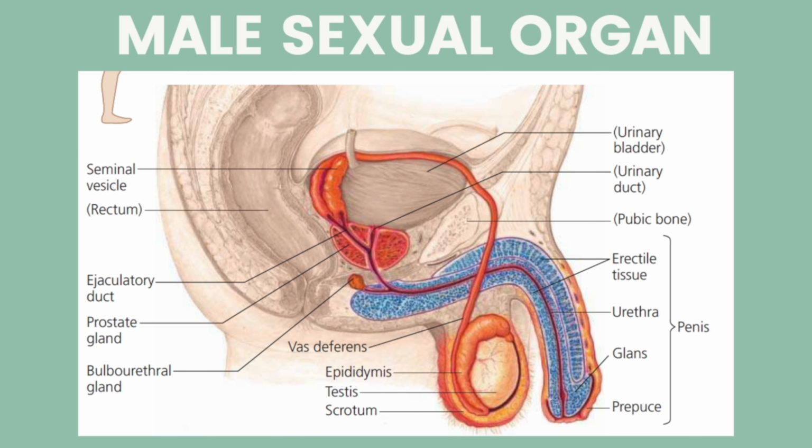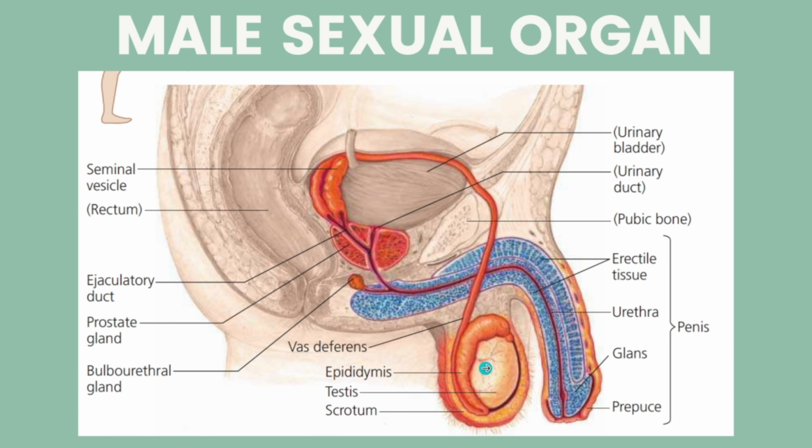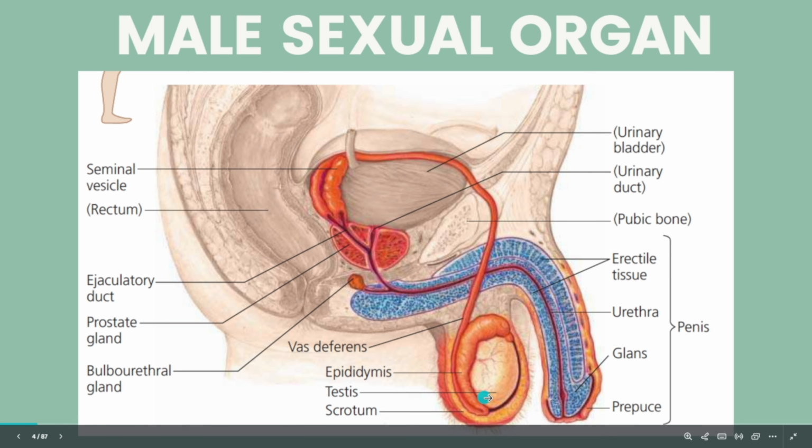However, in biology you need to mention it scientifically, not just say testis, because the testis has many structures, including the epididymis and the scrotum. Your sperm is formed by spermatogenesis in the seminiferous tubule. You will see that later, when I focus on spermatogenesis. So it is produced in the testes through the spermatogenesis process.